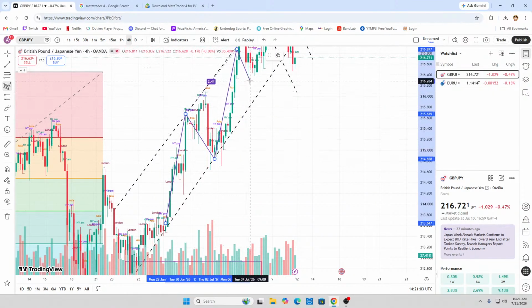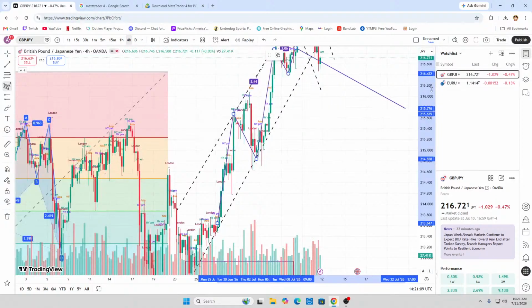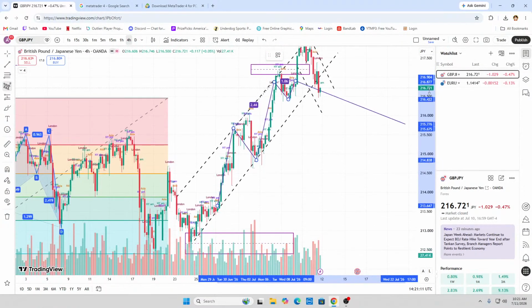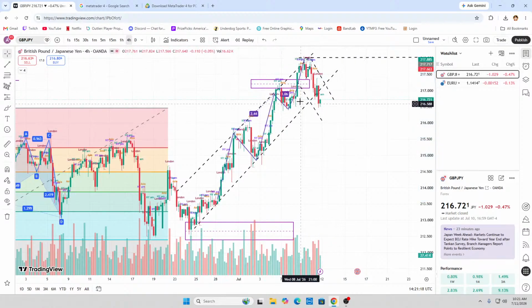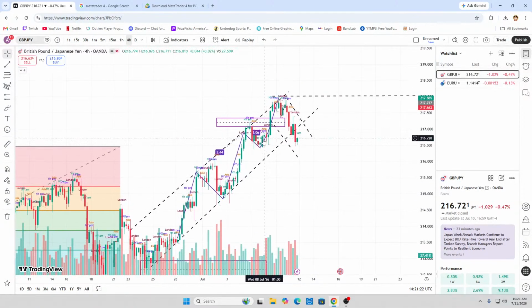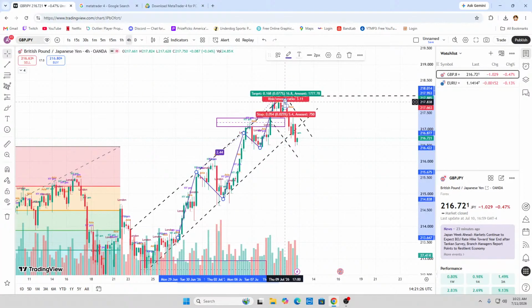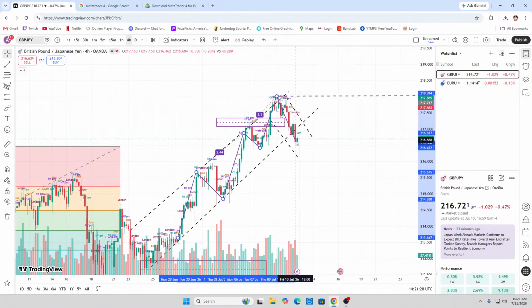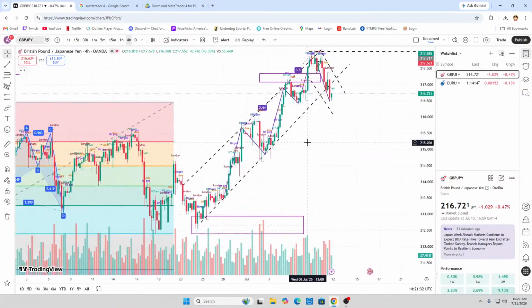We see market going back up here, seeing the head right here. This is what market is doing right now.